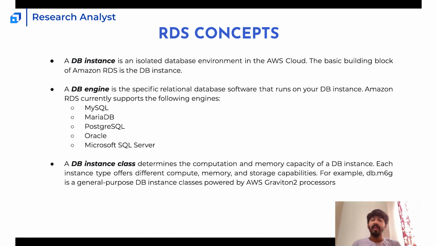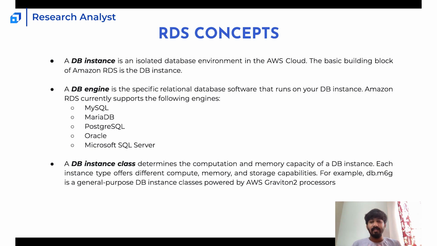Okay, and then a database instance class determines the computation and memory capacity of a database instance. When you launch an EC2 instance, you select an instance type, right? The instance type decides the memory, the storage, the computation of the EC2 instance. The exact same way in this case, you can select the database instance class, which has the computation and memory capacity of the database instance.